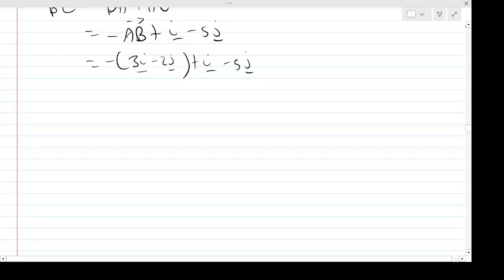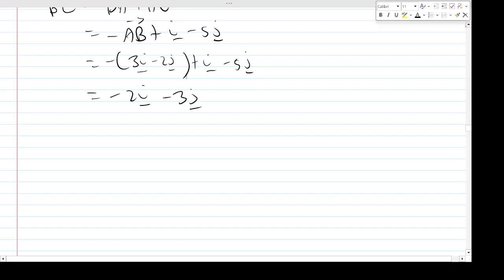Then I just need to expand it and simplify. I can collect the terms. So minus 3i add i is going to be minus 2i. Then minus 2j is a double negative, so it'd be plus 2j minus 5j, that'd be minus 3j.